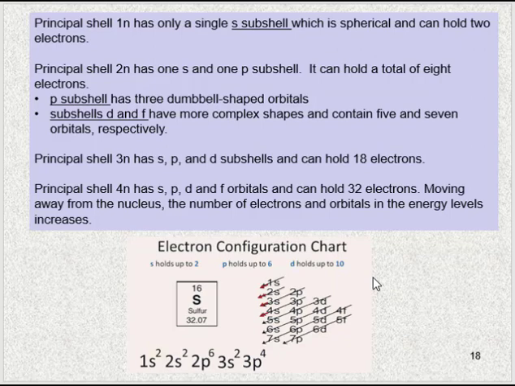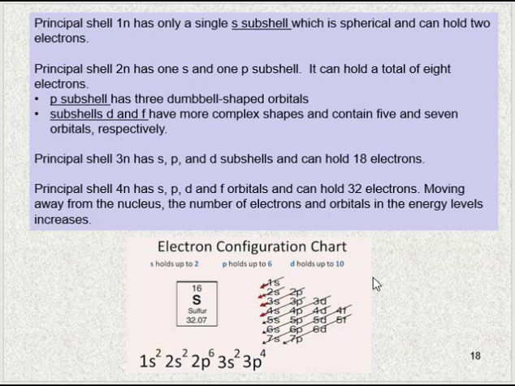So when you're filling these shells with electrons, they stack. And by that I mean you fill up your first principal shell and its subshells. Then you move to the next principal shell, fill up its subshells. Then you move to the next principal shell and fill up its subshells.